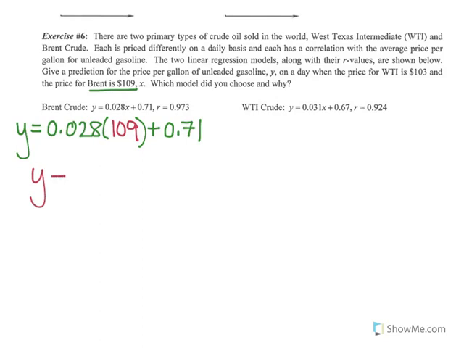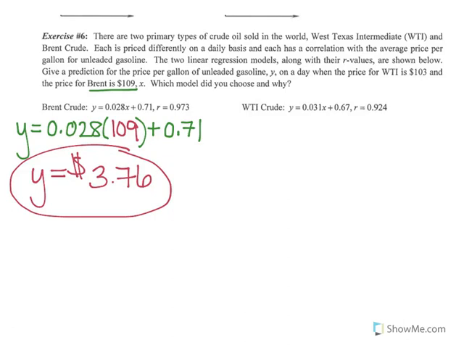And when we figure out what the Y value is, it's going to give us $3.76. And the Y value represents the price per gallon of unleaded gasoline. So the price per gallon of unleaded gasoline at Brent crude is going to be $3.76.